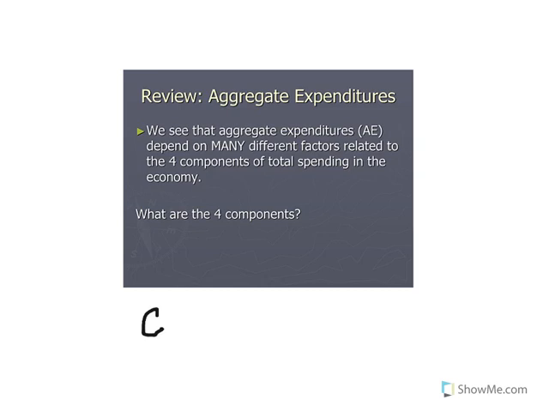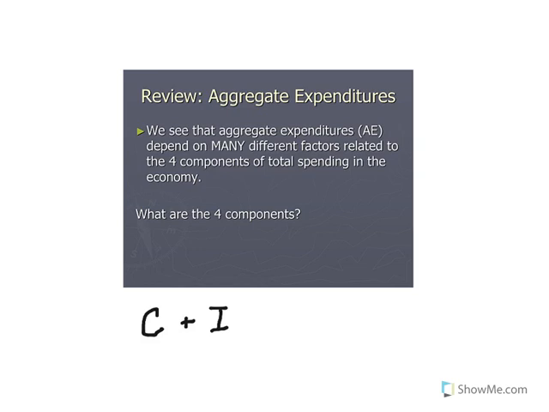Again, if any of those change, it alters consumption expenditures. Then we talked about investment expenditures in the economy. Remember, we said investment expenditures would be influenced by the current interest rate, new emerging technology, the price of capital goods, or whether firms are reaching capacity utilization. If any of those change, then investment expenditures will change.